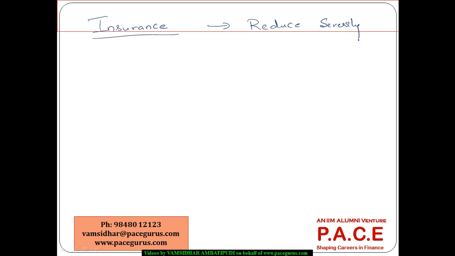When I am insuring something, I am reducing the severity of the loss. I am bringing in more and more stability into my gross income or profitability, and reducing the volatility in terms of my losses.